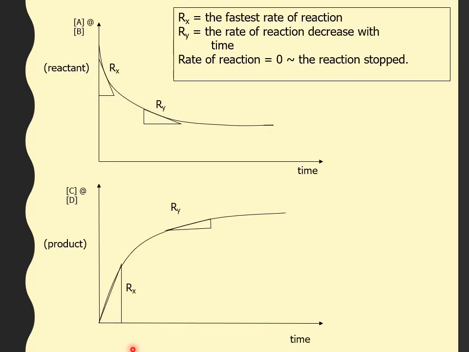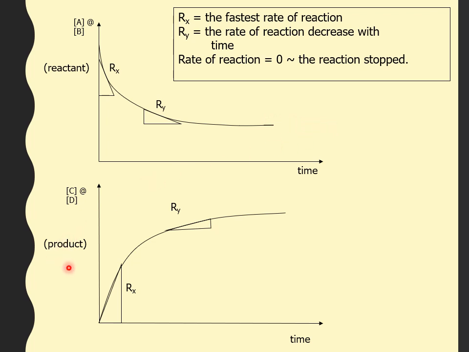But for products, it would be positive because it is the formation of products. Let's look at the graph of the concentration of reactants and products versus time, whereby we can see Rx is the fastest rate of reaction and Ry is the slowest rate of reaction. For reactants, the decrease of the concentration is rapid at the beginning of the reaction, and then it goes slow after some time and becomes constant.